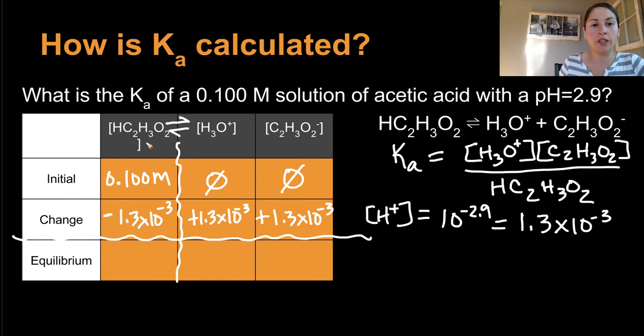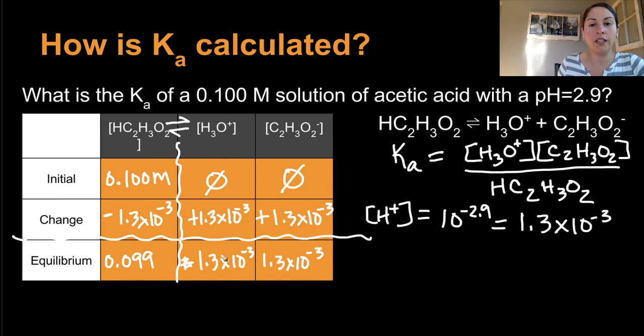Now I add up each column. When I take 0.1 minus 1.3 times 10 to the negative third, I get 0.099. Here I started with 0, so these are just going to be 1.3 times 10 to the negative third, and 1.3 times 10 to the negative third.